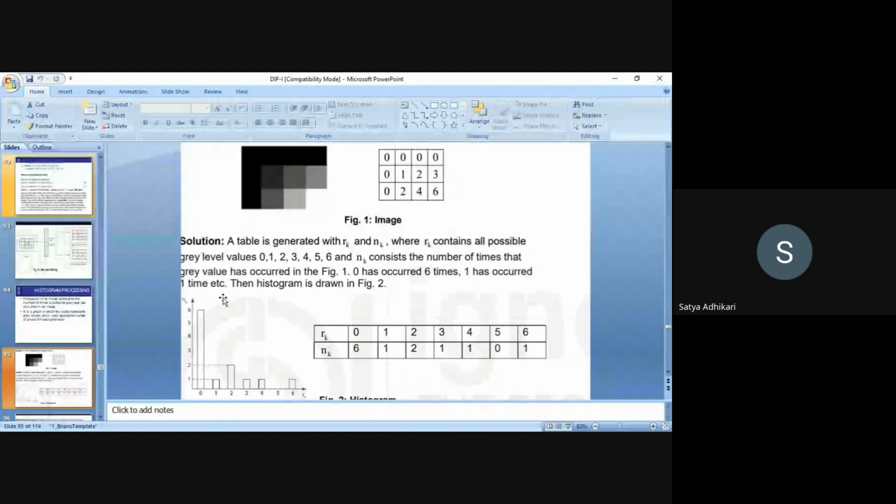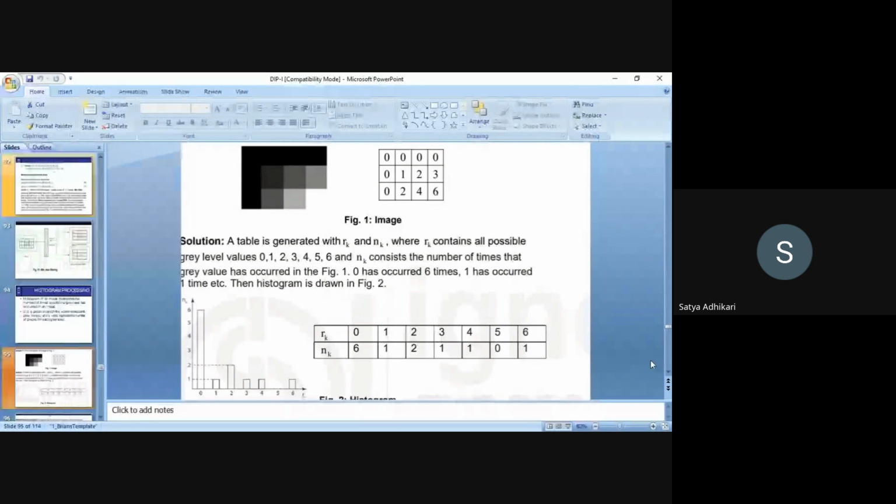And you see, there will be a graph for rk. rk is the gray level value. nk means the number of occurrences. You see, 0 occurs 6 times. So that is why the nk value of 0 is 6. 1 occurs once, 2 occurs twice, 3 once, 4 once. 5 none, so there is no 5 in the table.